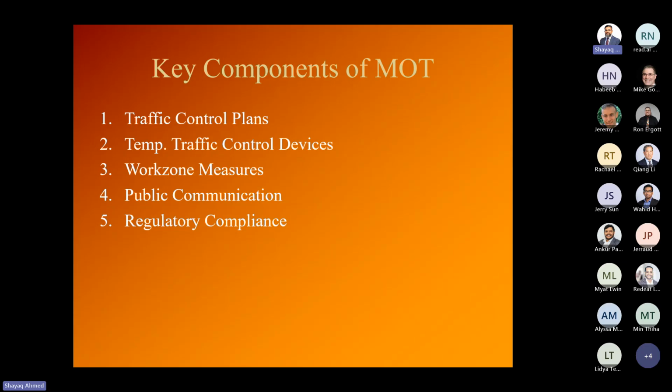Public communications: basically, notifying the public about the lane closures, providing PVMS signs, detour signs, and notifying the public about the expected delays. These are the communication strategies that have to be maintained for the MOT.